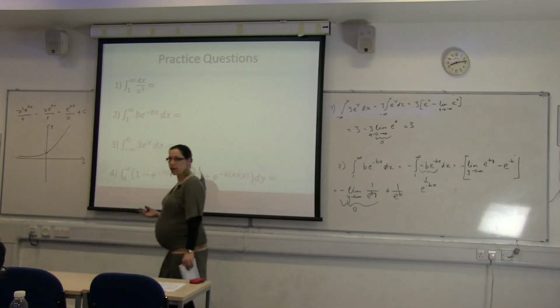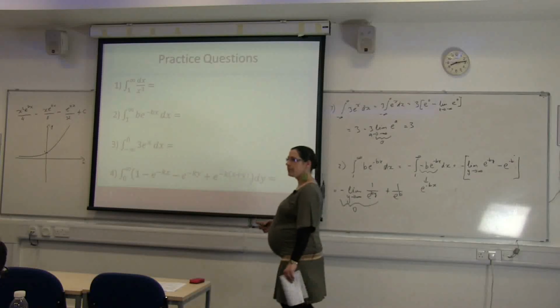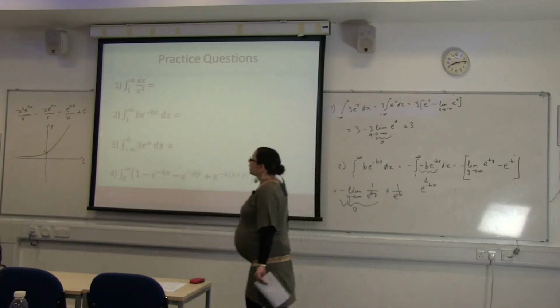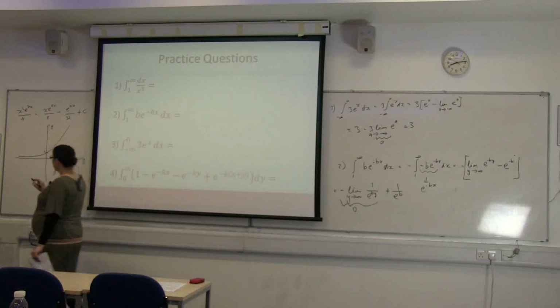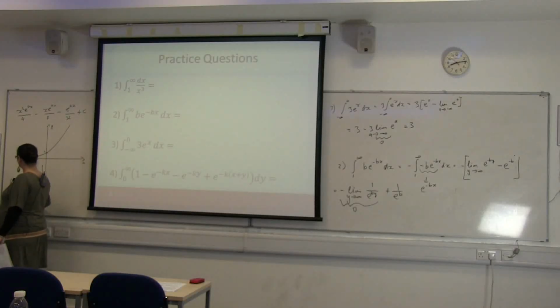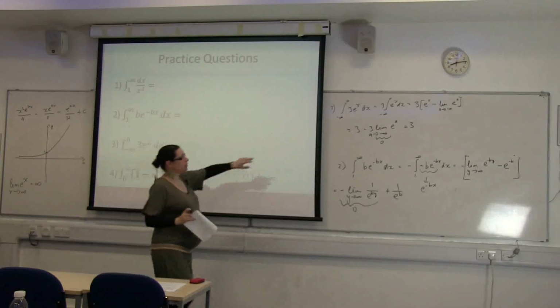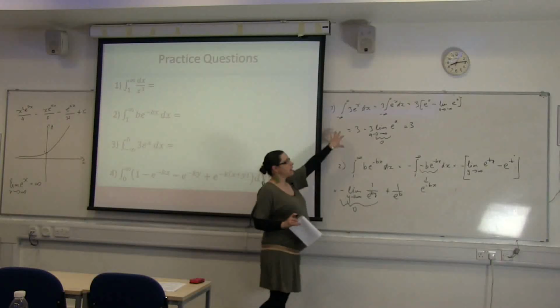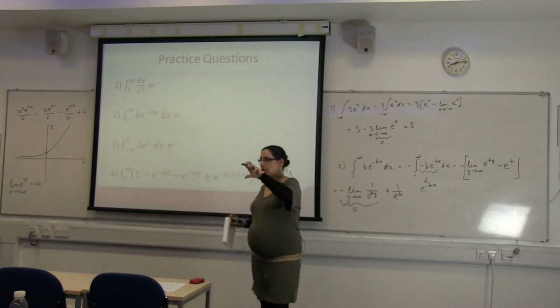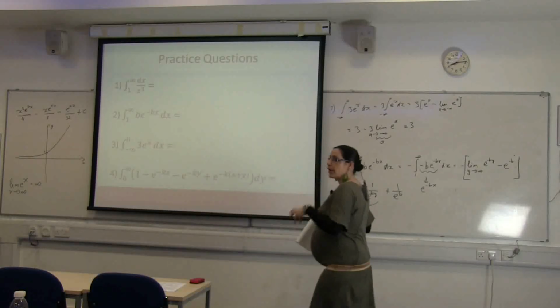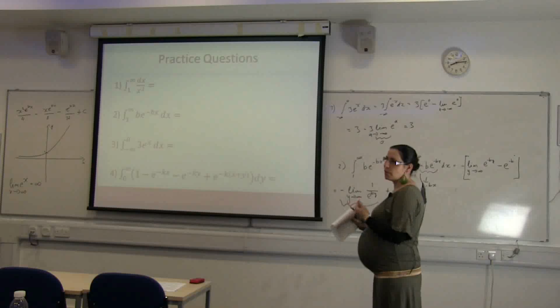That's useless as far as practical applications go. So the limit of e to the x when x tends to positive infinity is positive infinity. And that's why, in that case, an integral like this would not have a solution, because the overall answer to the integral would be infinity.